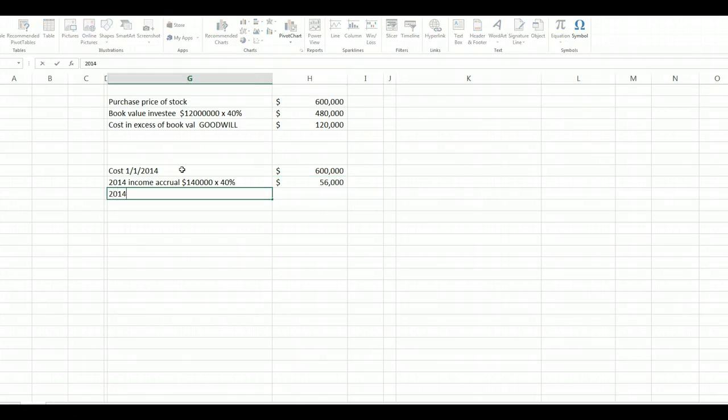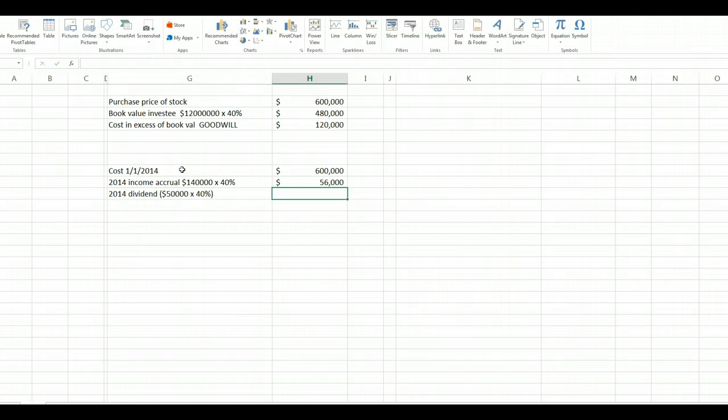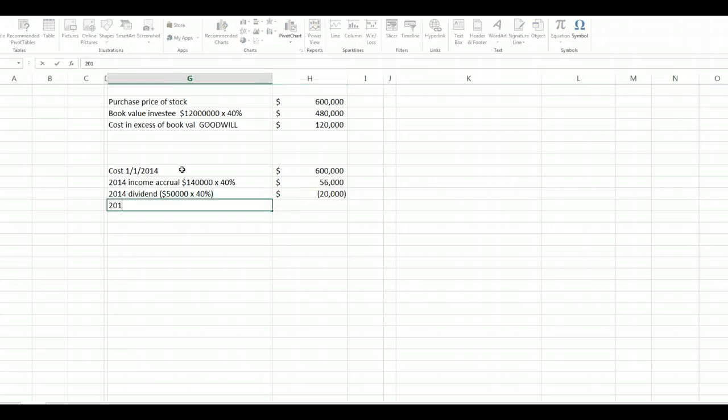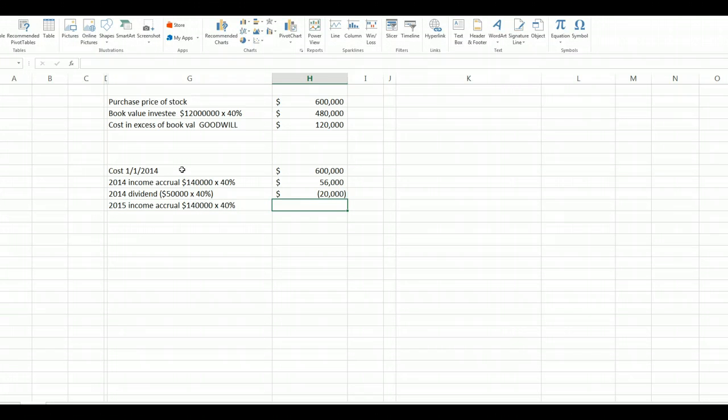What about the dividend that happened in 2014? $50,000 at 40%. We subtract from our investment, or $20,000. Then our 2015 income accrual was $140,000 also at 40%, or $56,000.